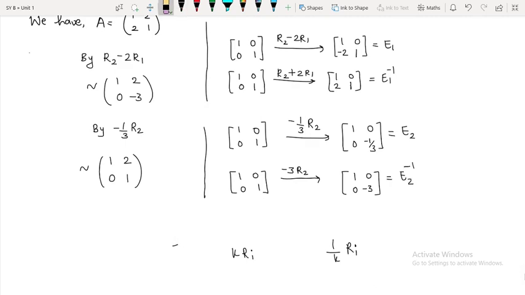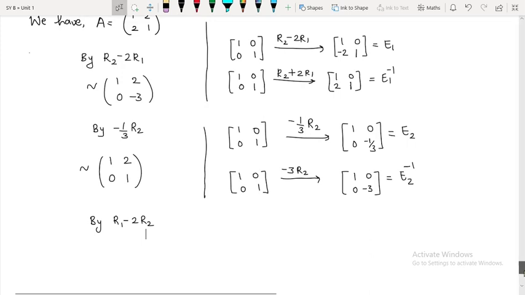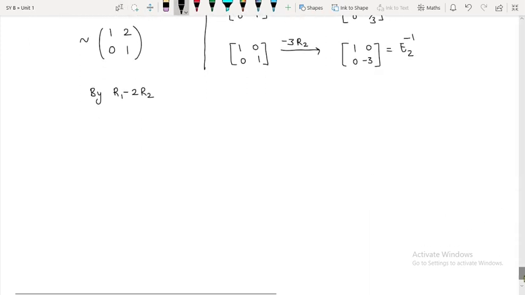So I will erase it out. So now what will be the next operation? By R1 minus twice R2 in order to make this A12 entry as 0. So I'll just go a little bit down, and what are you going to get here?